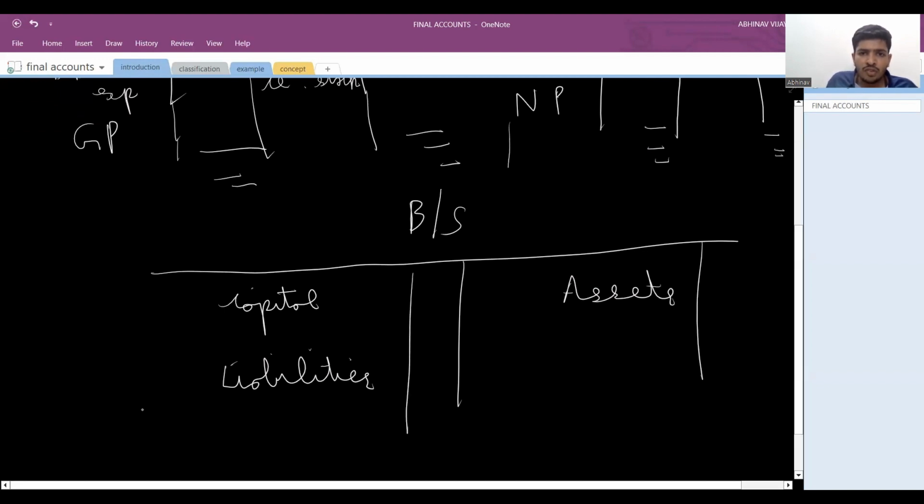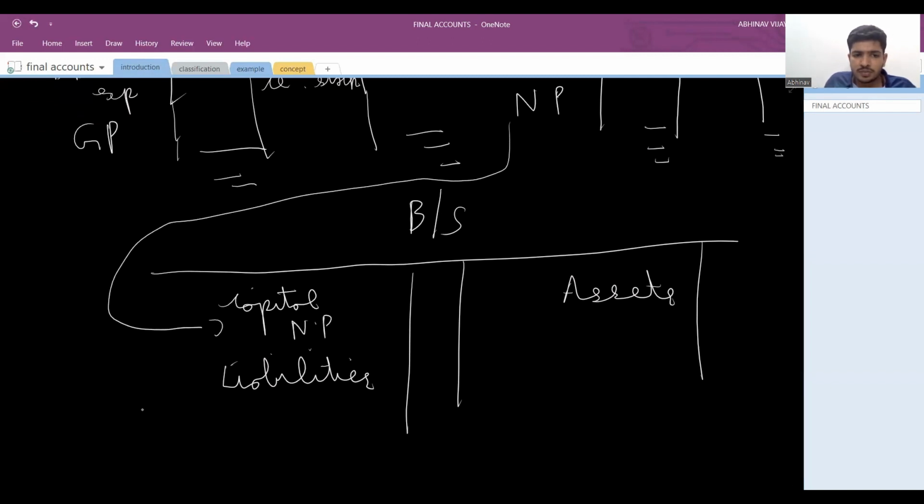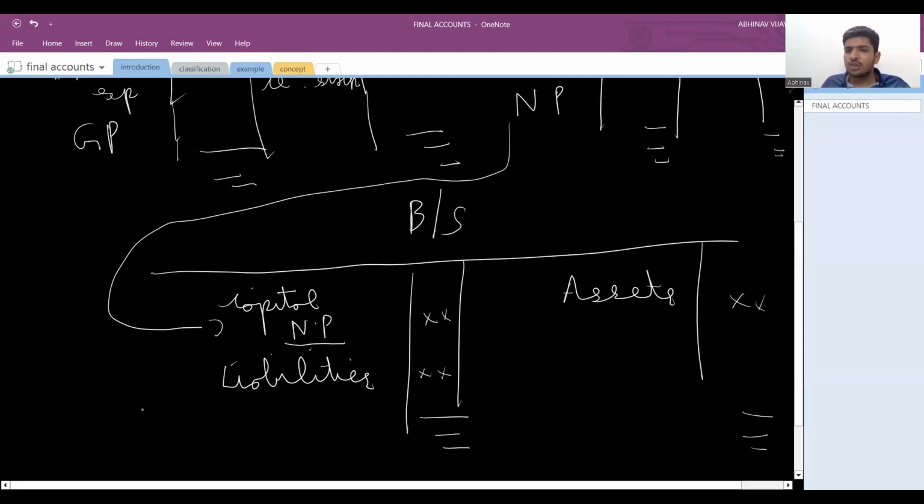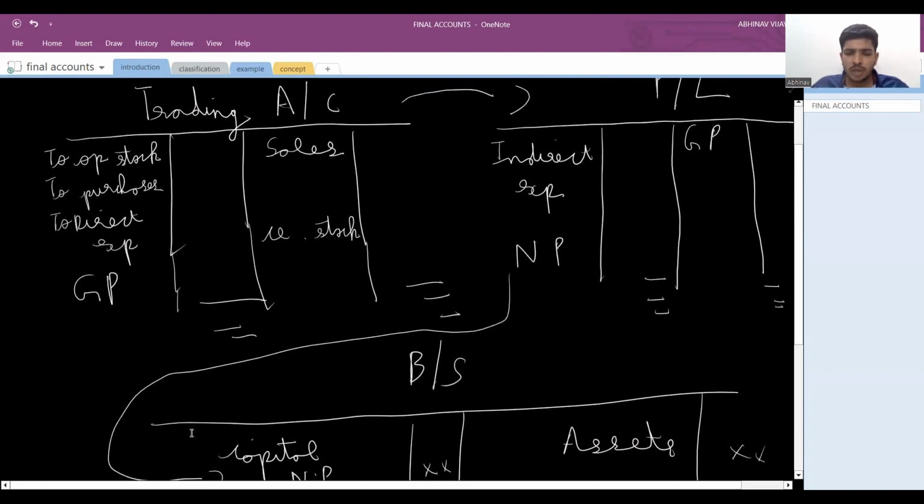And your net profit gets added to your capital, and the final amount goes here. And in the end, both sides of the balance sheet will tally. So this is the overview of the entire concept. Now let's start with the explanation. Copy it down. Let's start with the explanation.